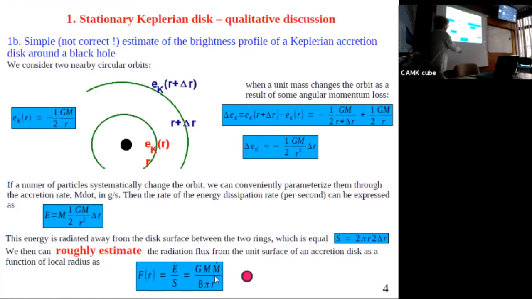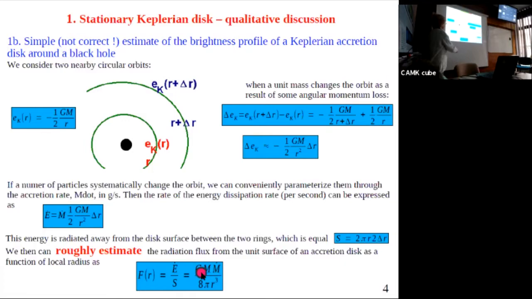So now you divide energy by the surface, and you have a final prescription for the flux dissipated here, here, here, here, as a function of radius. No viscosity, nothing, right?